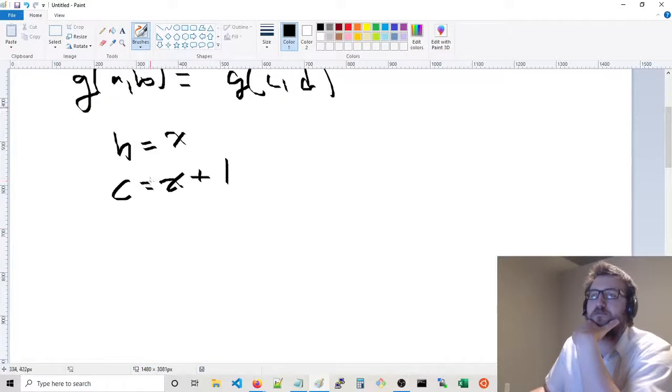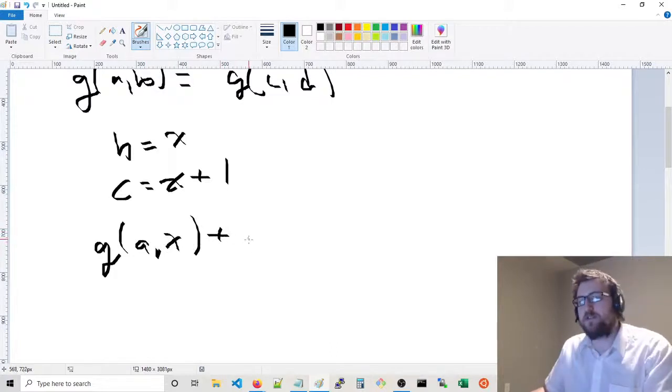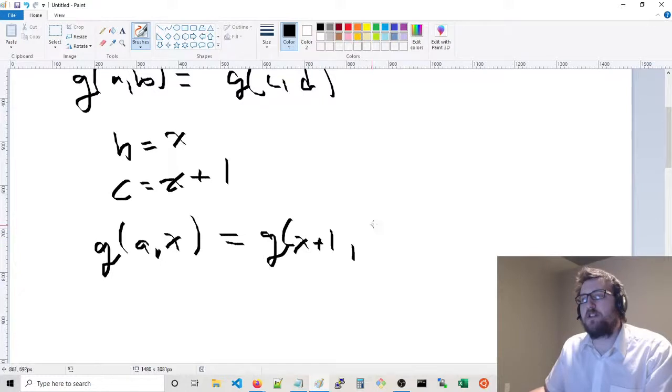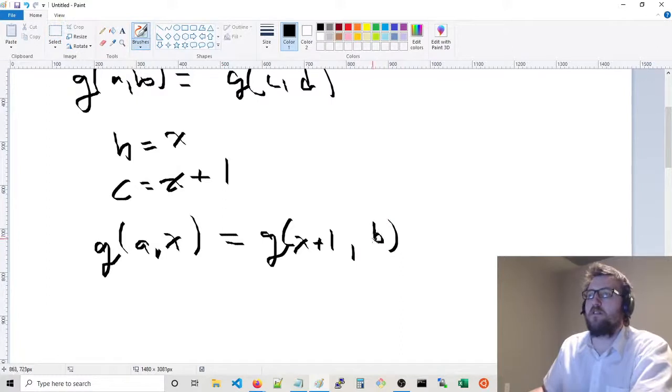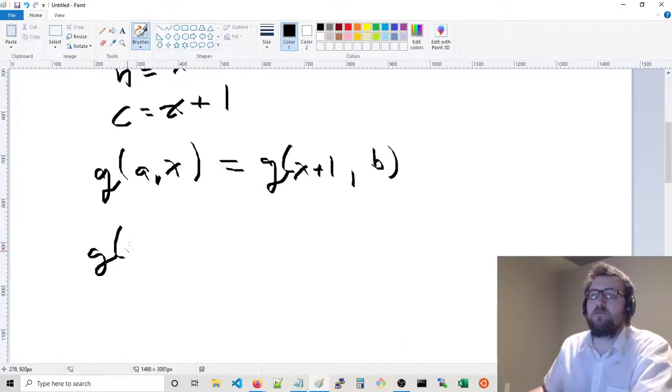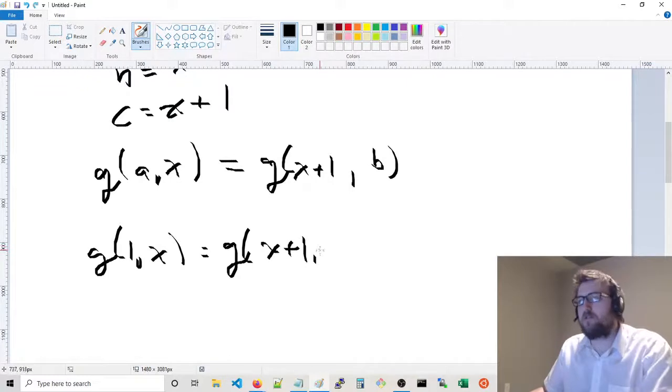What you're looking for is that g of ax equals g of x plus 1d. And we could just call these a and b. And really it's g of 1x equals g of x plus 1a. So there's really two variables.